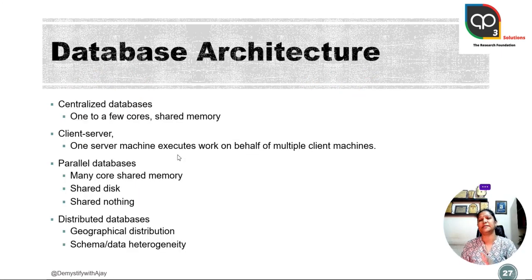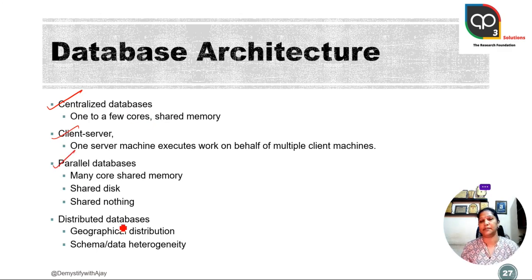And dear friends, the database can be set up in different architectures depending on the scale, performance needs and network setup. And here, centralized database: all data and computation occur on a single machine. Simple but not scalable. Client-server: a central database server handles requests from multiple clients. This is the most common architecture.